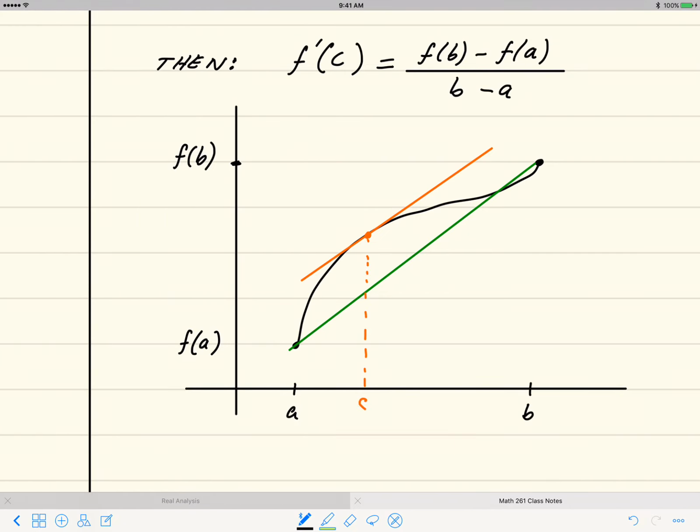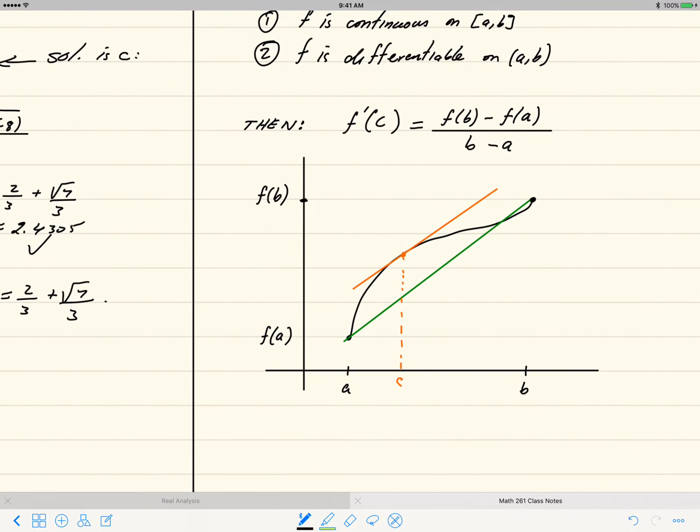That's just the slope formula, y2 minus y1 over x2 minus x1, okay? And this is guaranteed for at least one number c in the open interval AB, that you can always do this.